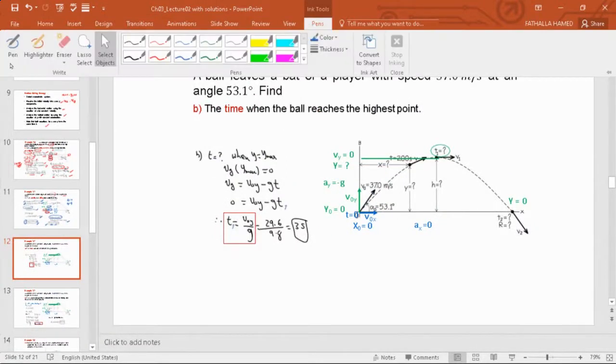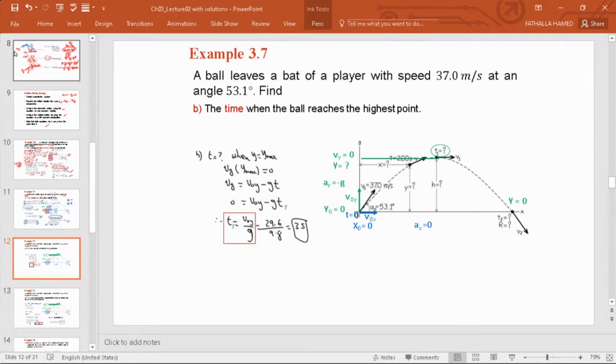Now, in this example, it is the same thing, but they ask you for the time when the ball reaches the maximum or the highest point. So they need the time when it reaches the maximum height.